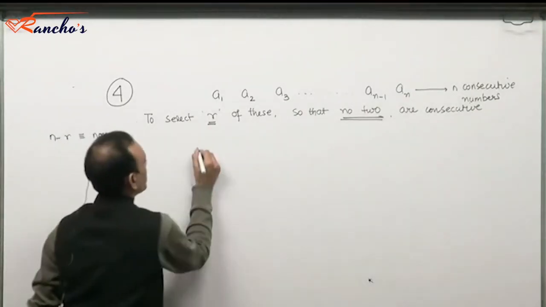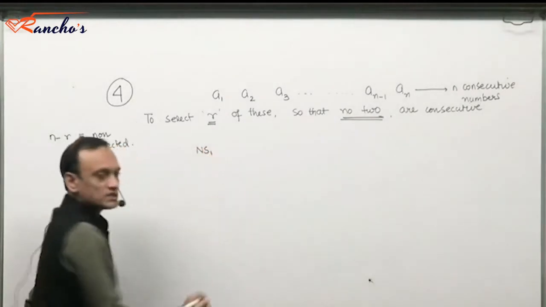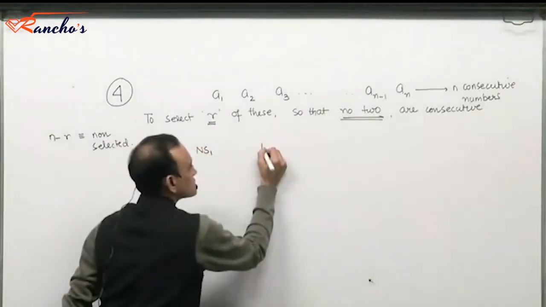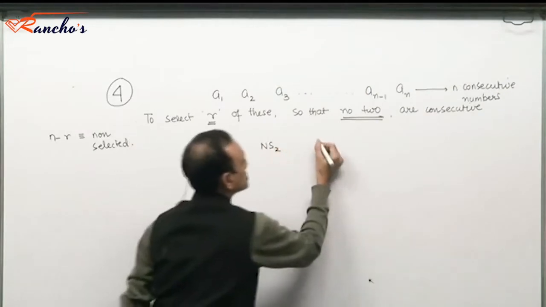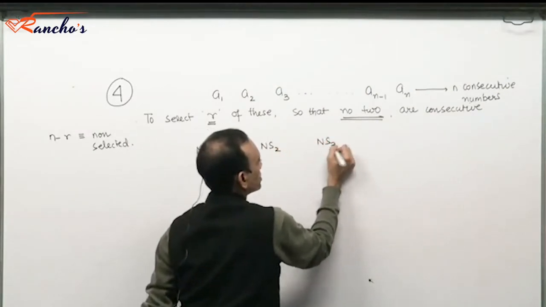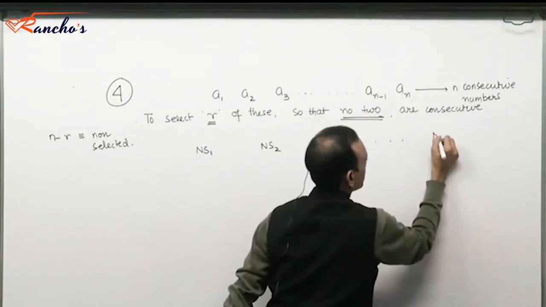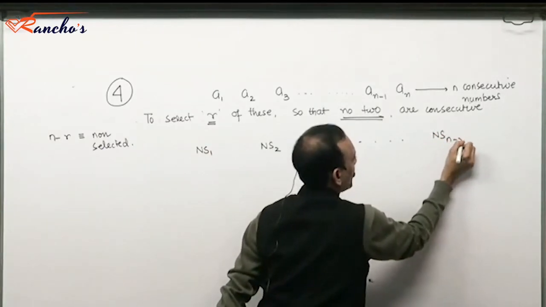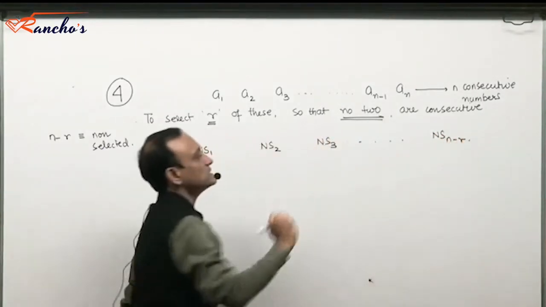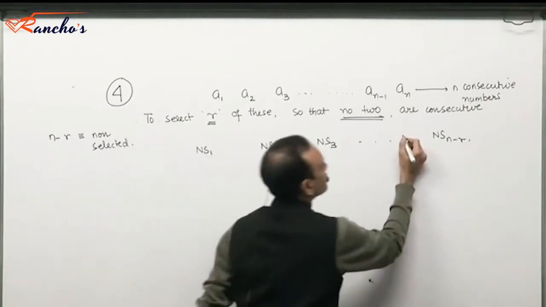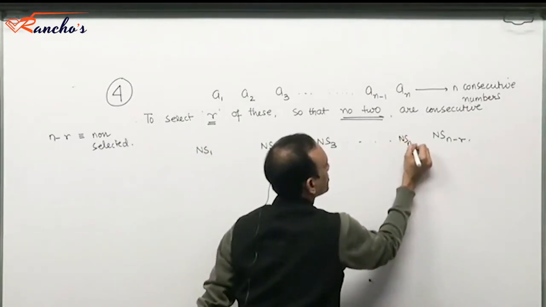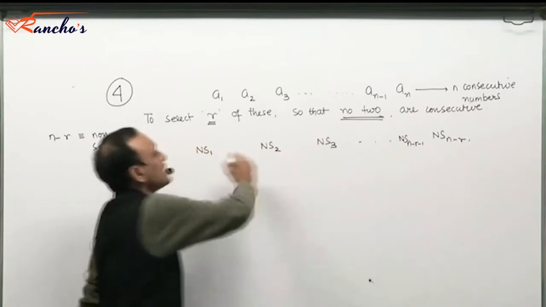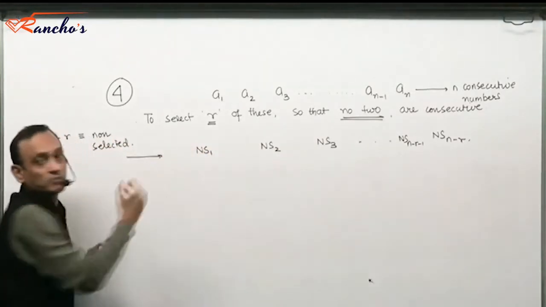Let me refer to them as first non-selected number, second non-selected number, third non-selected number, and so on up to the (n minus r)th non-selected number. These are n minus r non-selected numbers.